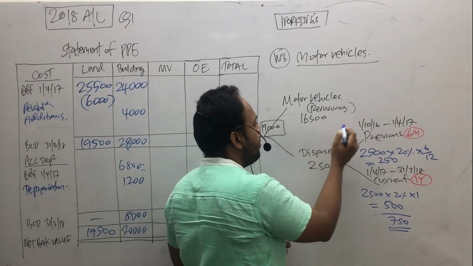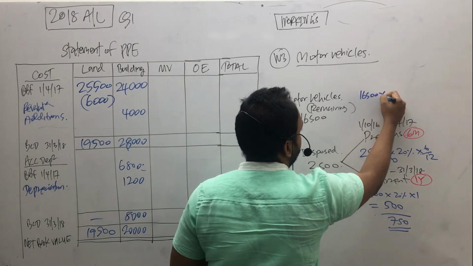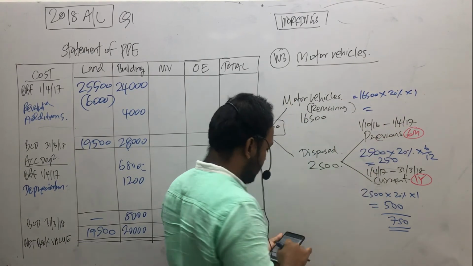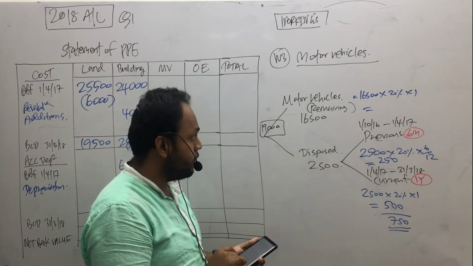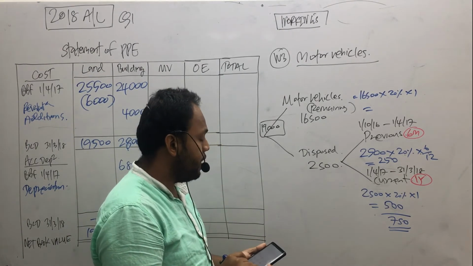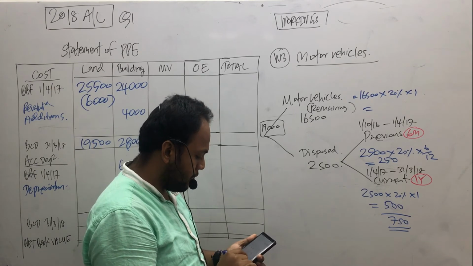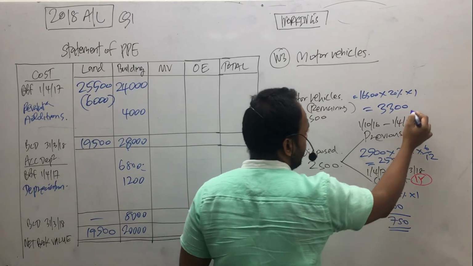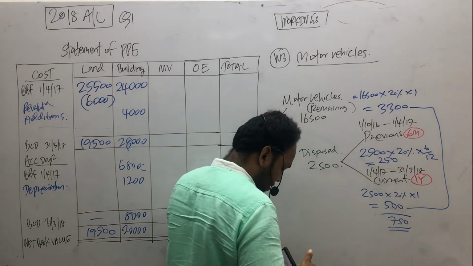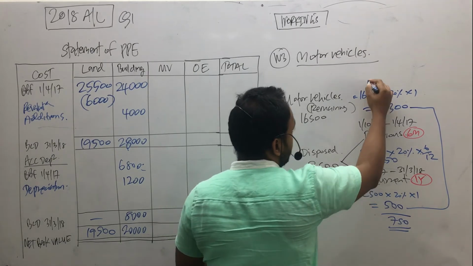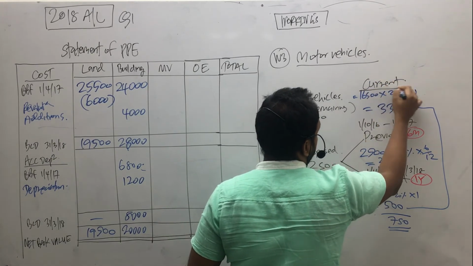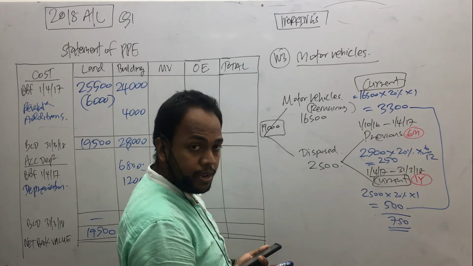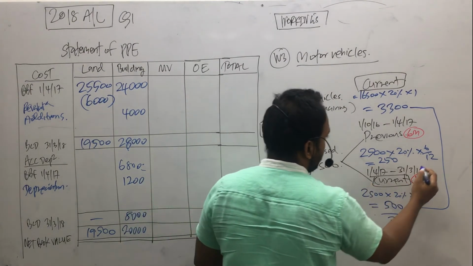And if you take the remaining vehicles, 16,500 into 20% into 1 year, that's the total depreciation. Total depreciation of the remaining vehicle for the current financial year is 3,300. So if you want to get the current year total depreciation, it is 3,800.